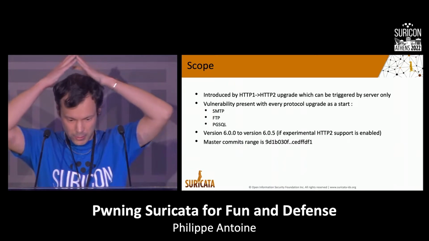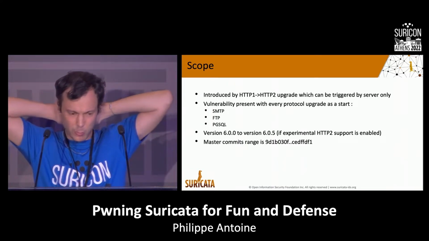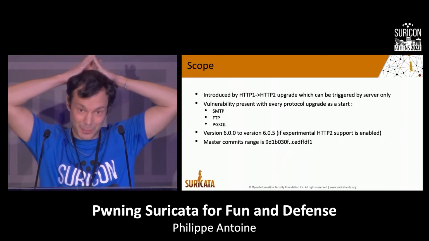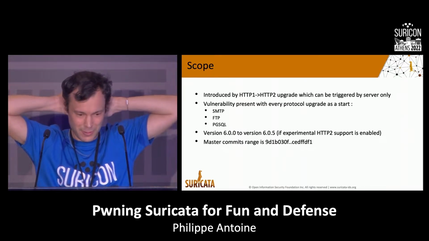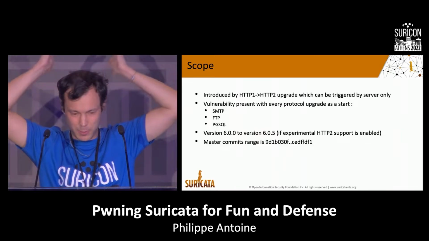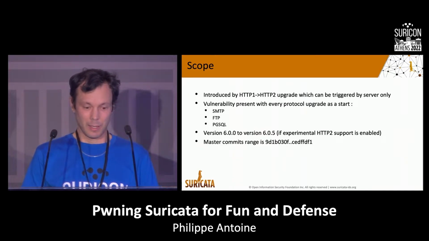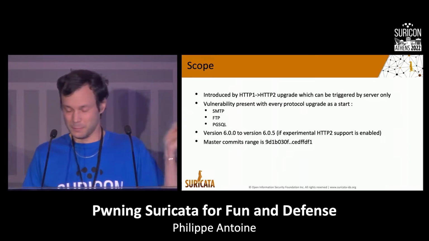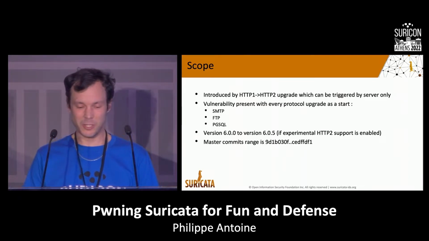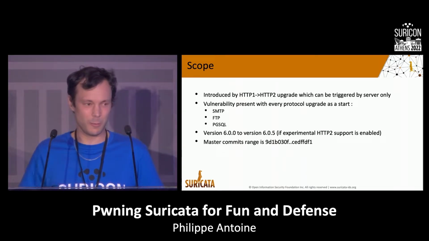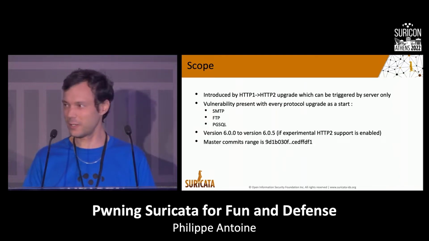A bit more about the vulnerability. It was introduced by me by adding the HTTP2 support and especially the HTTP1 to HTTP2 upgrade mechanism, even if the patch is in another part of the code, which was making the assumption that multiple protocol changes were not happening at the same time.